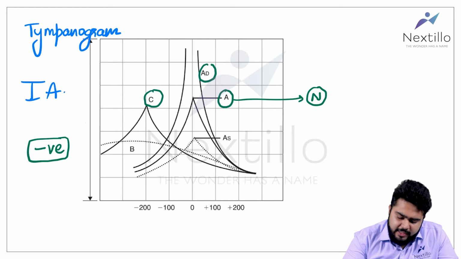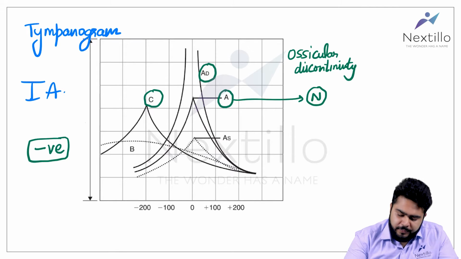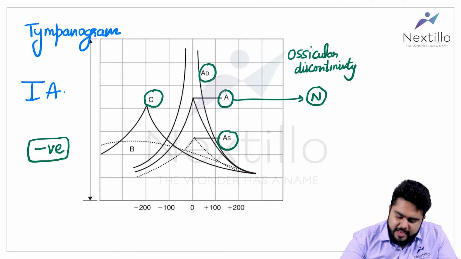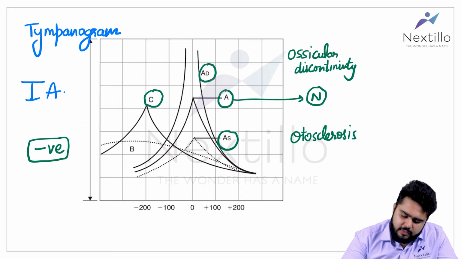The graph AD we see whenever there is ossicular discontinuity or hypermobility of the tympanic membrane. Then AS type of graph is seen whenever there is fixation of the ossicles. This fixation could be due to otosclerosis, tympanosclerosis, or any other reason.